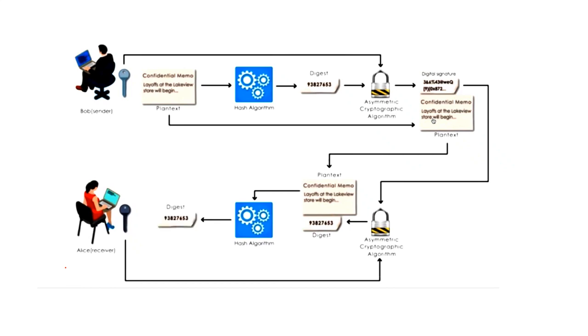And if that digest is compared with the digest which is decrypted from the digital signature, if it is matching, that means the message is received successfully. So there is data integrity and data authenticity, and data confidentiality is achieved because the digital signature is not altered.